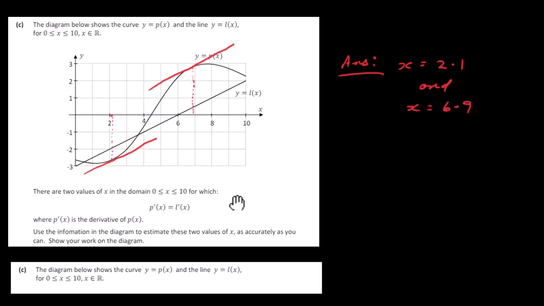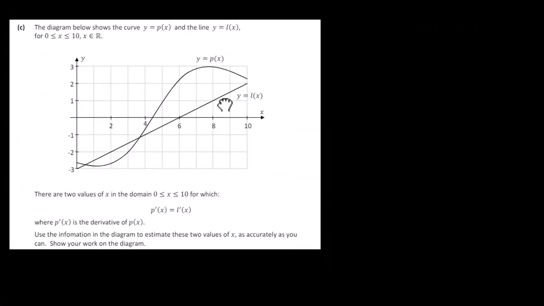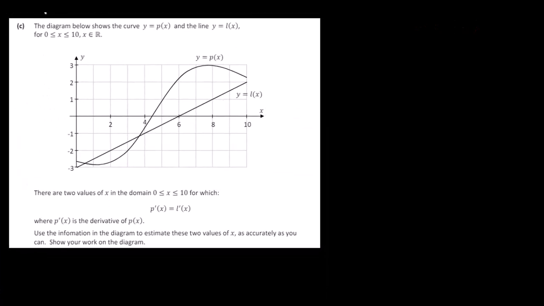Okay, another way of looking at this might be to plot the derivatives of both of these functions. If we take the straight line, for example, we can work out the slope easily enough. We take that there, that's 2 units. We work along here. We look at this triangle here, that's 6 to 10, which is 4 units.